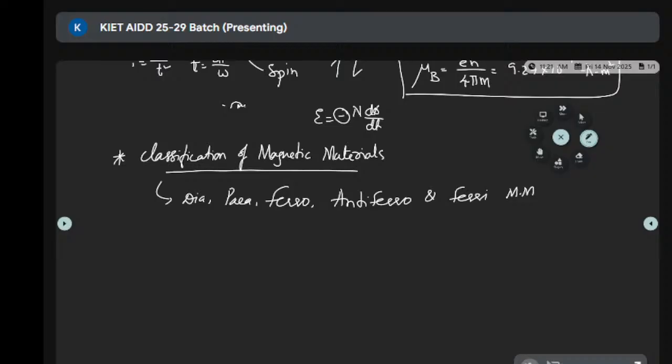As per your syllabus, this is also an important question. What is what? Properties, examples. Complete theory question it is.